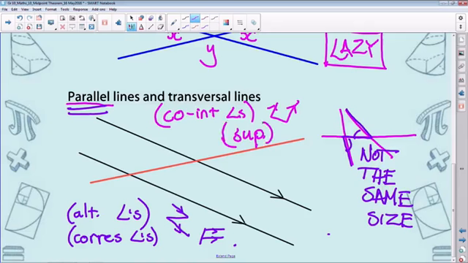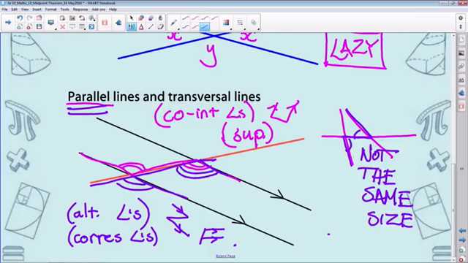So we have an alternate angle over there, which means that this is equal to that. We have a corresponding angle over here, which means that this is equal to that.